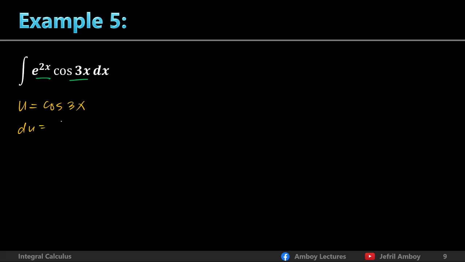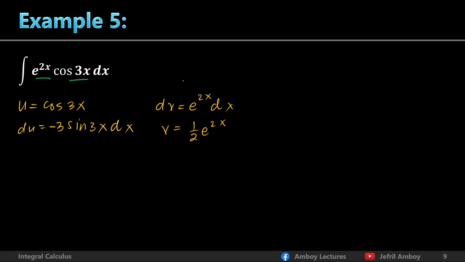So, that du would be 3. Ay! Derivative ng cosine negative. Negative 3 sine of 3x dx. Next, yung dv, which is equal to e to the 2x and dx. So, for v, this becomes 1/2 times e raised to 2x.